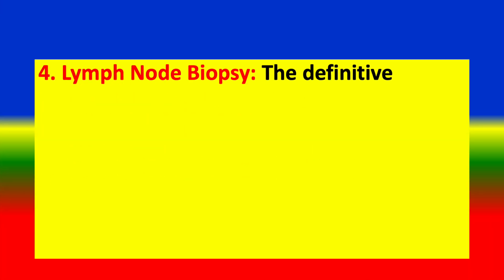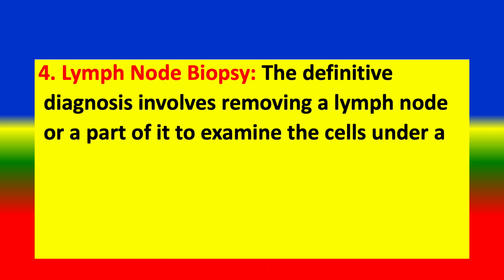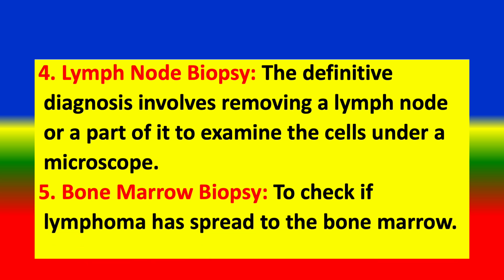Lymph node biopsy. The definitive diagnosis involves removing a lymph node or a part of it to examine the cells under a microscope. 5. Bone marrow biopsy to check if lymphoma has spread to the bone marrow.